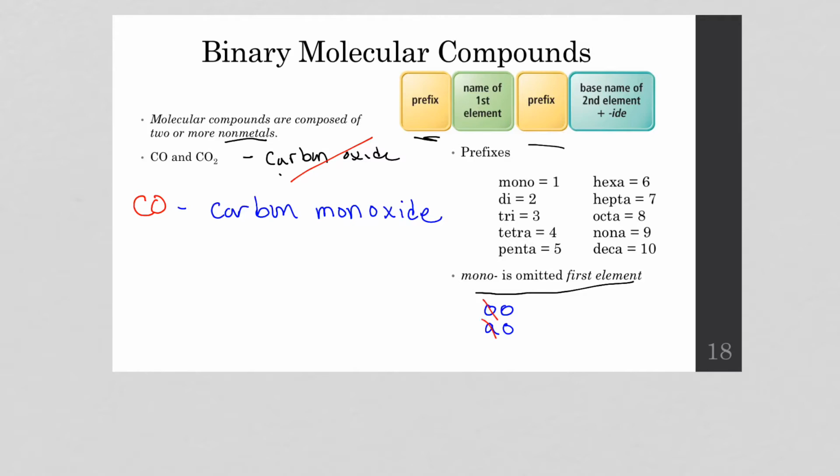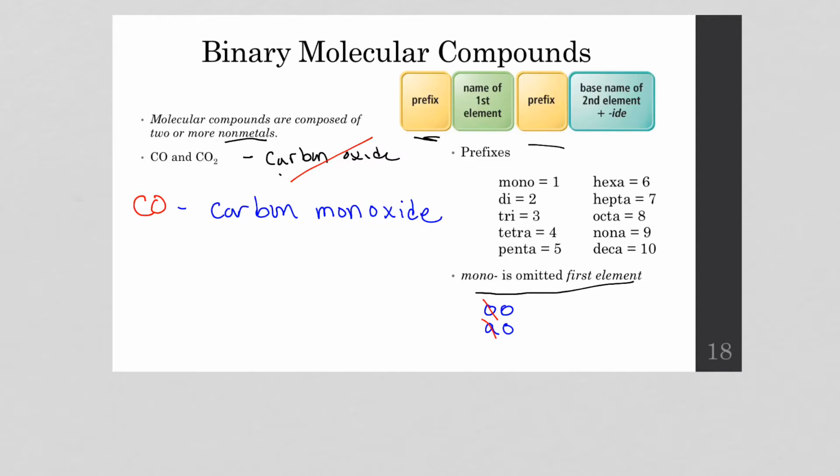So it would be monoxide instead of monooxide, or if we had tetraoxide, it would be tetroxide. We would eliminate the A. Now, for other vowel combinations, we leave both of them. So if we were to have two I's, for example, etc.